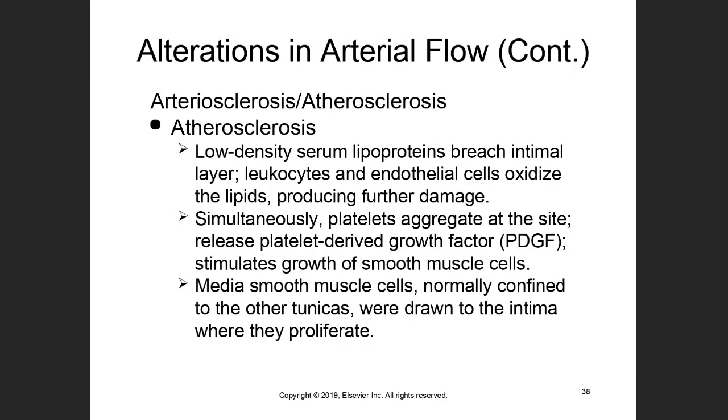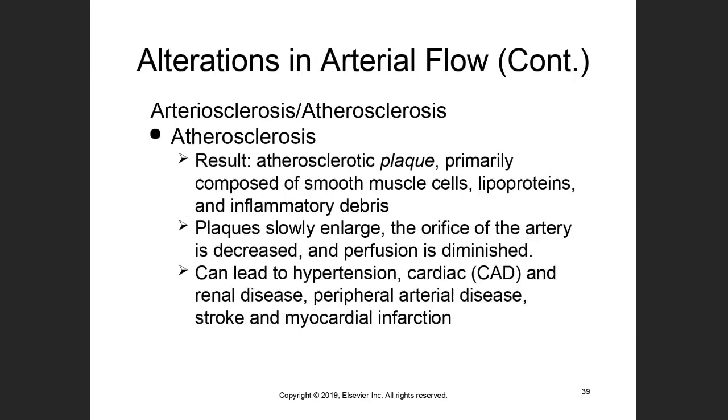Simultaneously, platelet aggregation at the site. So it's basically accumulation of a lot of material right there, and that forms the atheroma plaque, the atherosclerotic plaque. If that atheroma plaque is released, then it produces obstruction later in the circulation, okay.